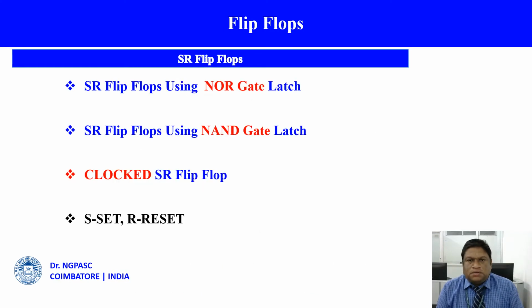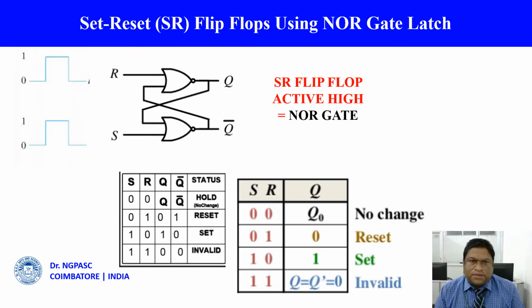So here first we'll see the SR flip-flops, which means set reset flip-flops. We are going to see SR flip-flops using NOR gate latch, SR flip-flops using NAND gate latch, and a clocked SR flip-flop, where S means set and R means reset. This slide shows the set reset flip-flop using NOR gate latch.